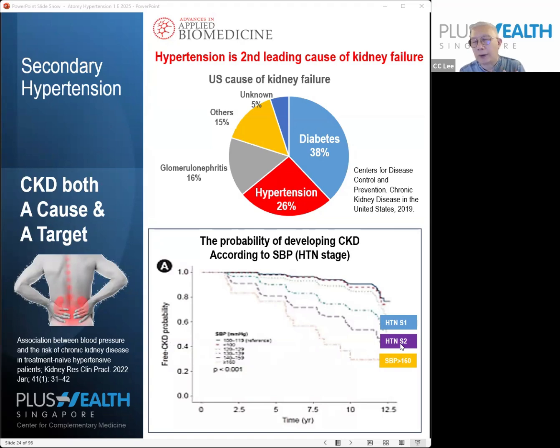That means if you are a long-term hypertension patient, especially in stage 2 hypertension, your probability of suffering from chronic kidney disease is almost 50% after 5 or 6 years. So it's almost certain that you will suffer from chronic kidney disease. So these two go hand in hand. And so when you deal with a chronic kidney disease patient, you need to actually address the issue of hypertension.